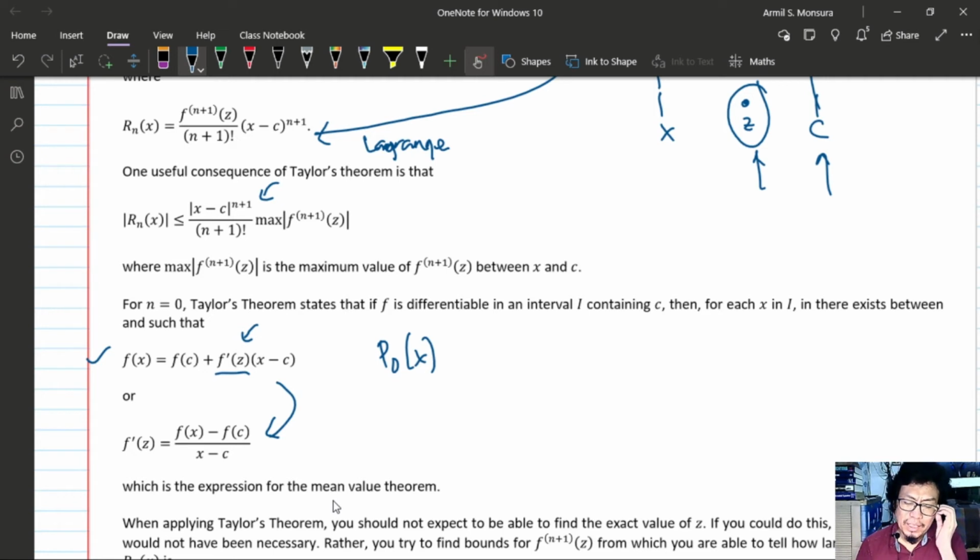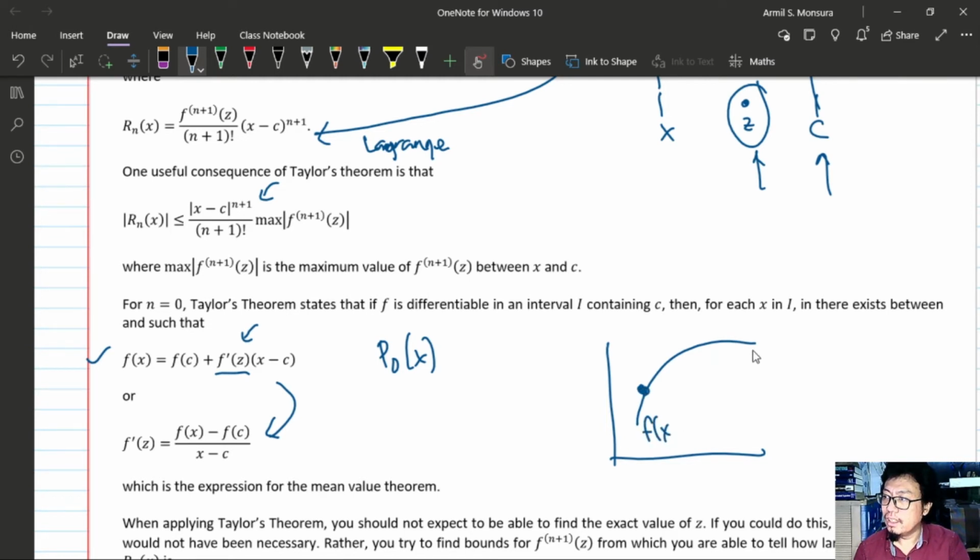The mean value theorem, if you can remember, states that the mean difference between two points in your interval is equal to the slope. So say you have a curve like this. This is x, so this is f of x, and say this is c, so this is f of c.